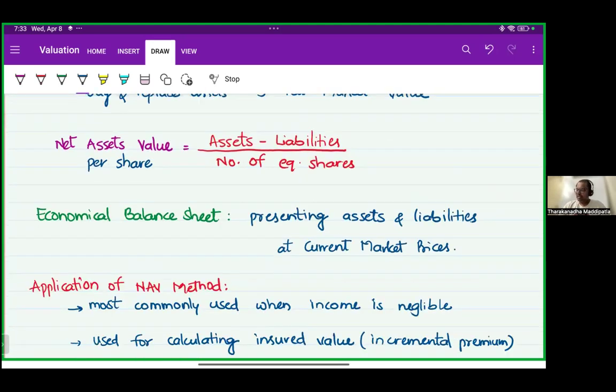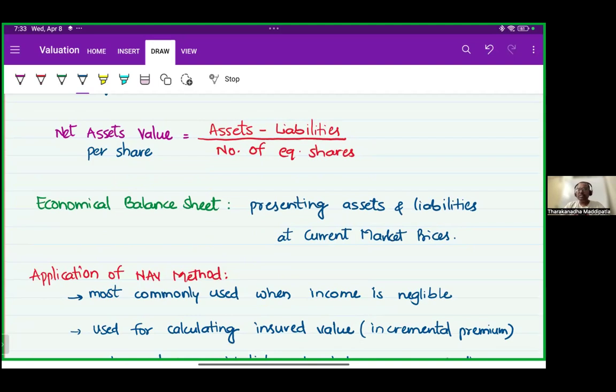Let us first look at the formula that is used in net assets value method. As we earlier discussed, the objective of this exercise is to identify business value, enterprise value, or firm value. So the word net assets itself indicate net of assets and liabilities.